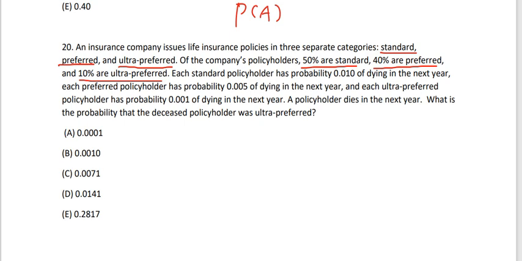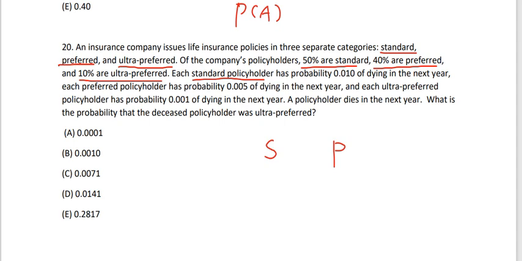Okay, so for those people, we just split them into 3 parts. For this part, the probability of dying is this, and for this part, the probability of dying is this. Just like that, we split people into 3 parts.